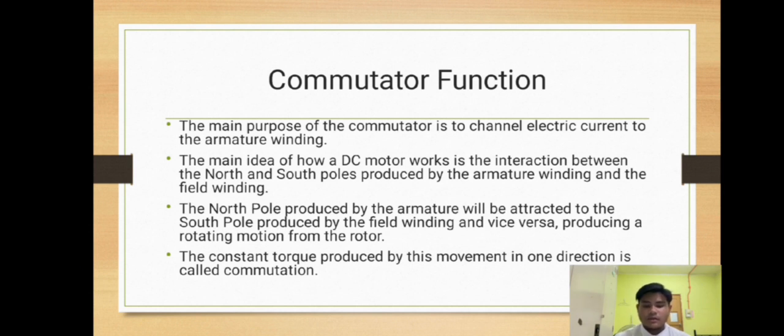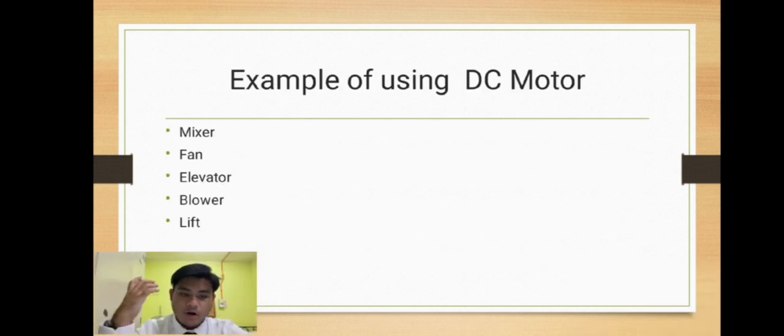The constant torque produced by this movement in one direction is called commutation. Examples of using DC motor are mixer, fan, elevator, blower, lift, and so on.